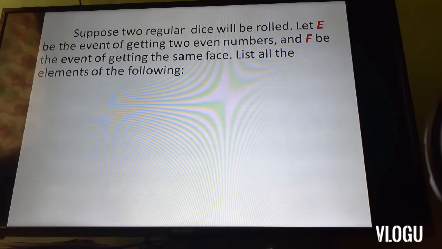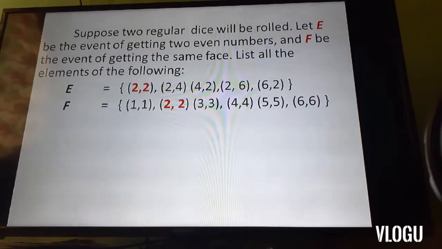Suppose a regular die will be rolled. Let E be the event of getting two even numbers and F be the event of getting the same face. First, we have to list all the elements of the two events.